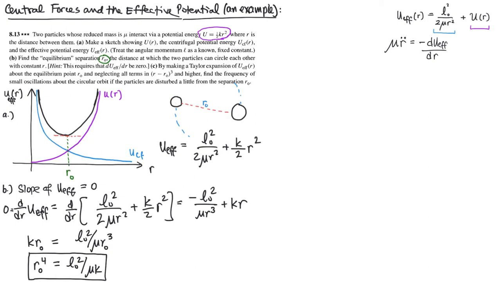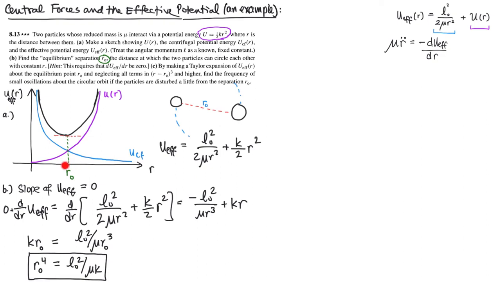The final piece of this question is to say, if we have a particle sitting at r naught and we give it a little nudge, or if we have these two objects orbiting each other at a fixed separation and we give a little radial perturbation, that means the separation between the atoms will grow and then shrink and then grow and then shrink and oscillate back and forth. So you kind of get this rotation along with a little vibration.